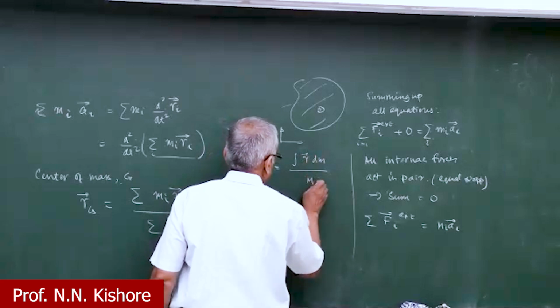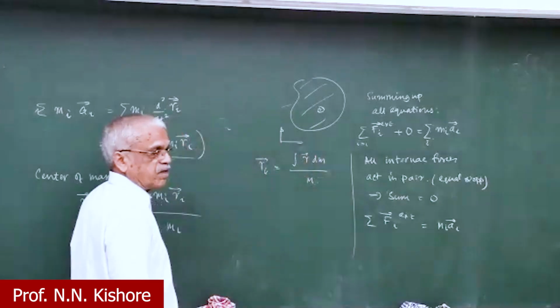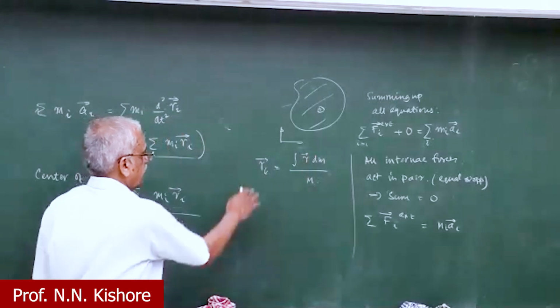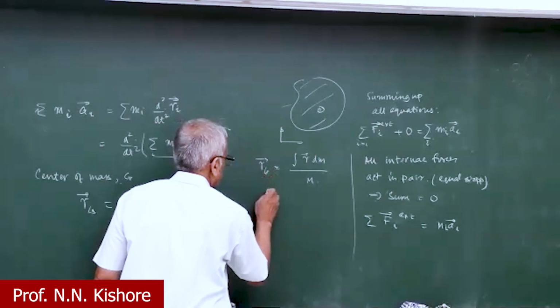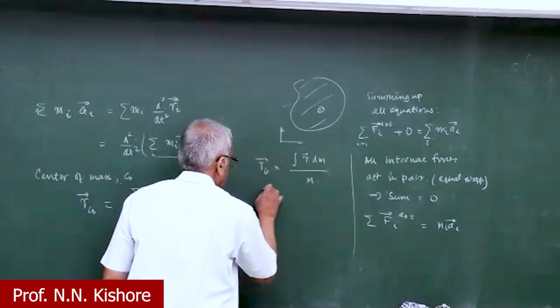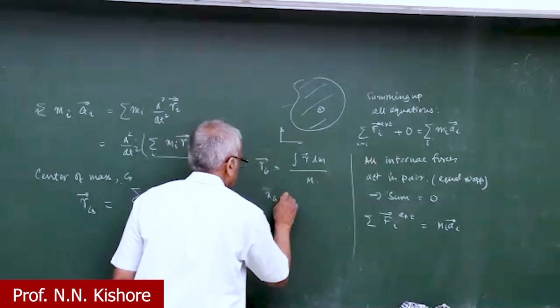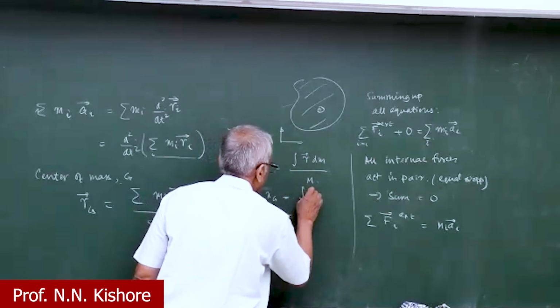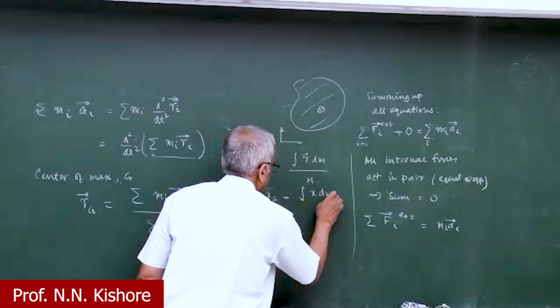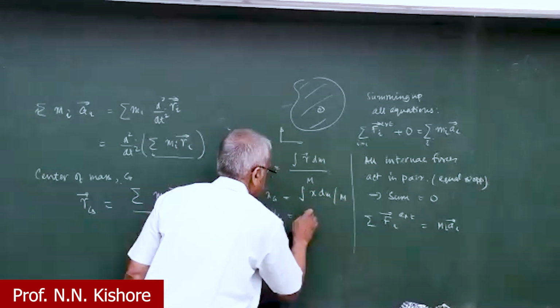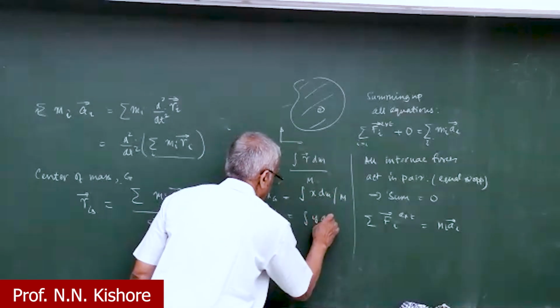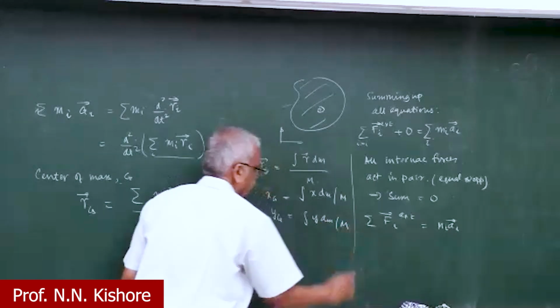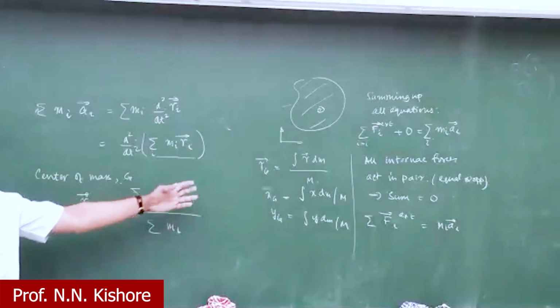So this is the first set of equations. Without considering the relative positions, what we are saying here is that the center of mass moves as if all the mass is concentrated there and all the forces are acting there.